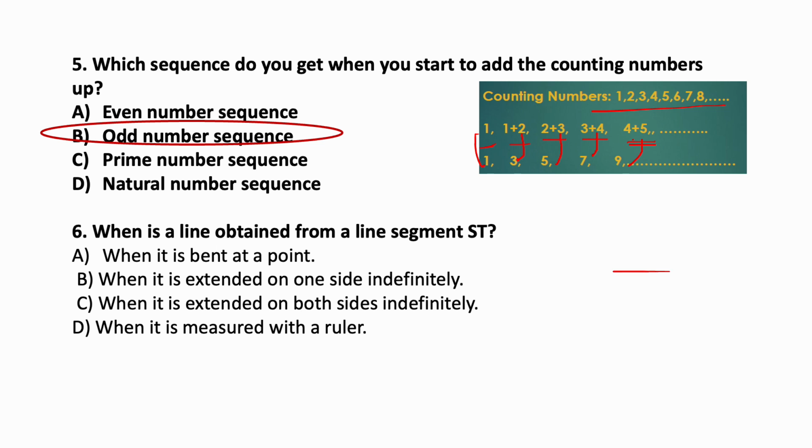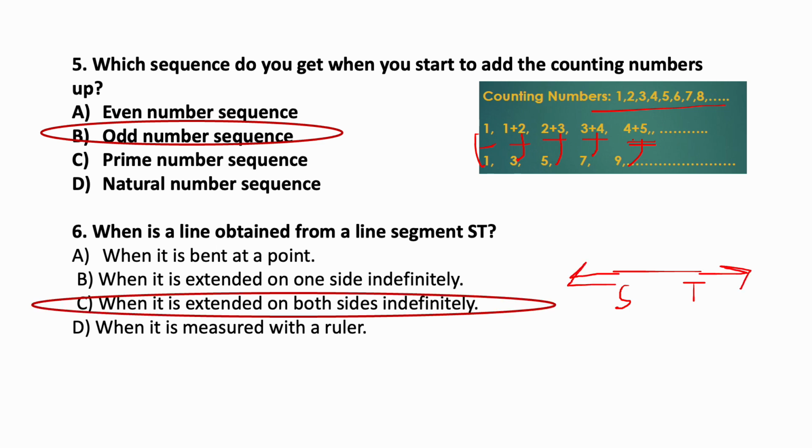See, you have a line segment ST. What's the question? When will you get a line from this line segment ST? You have to extend it on both sides indefinitely. Then you will get a line. So, option C is the correct answer. When it is extended on both sides indefinitely.